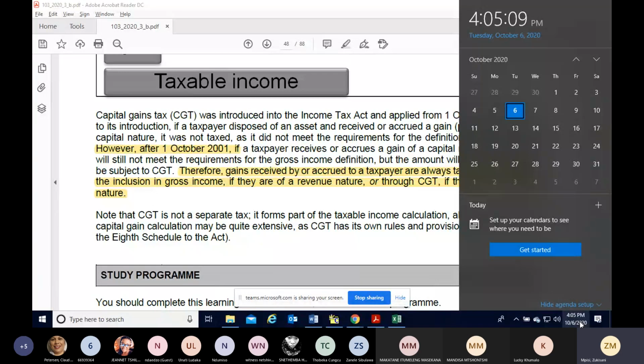So what would happen now in this case is all those receipts that are actually excluded on the gross income would now be included here, because now you have disposed of a capital asset that attracts capital gains tax. Therefore, this is what we are covering today.